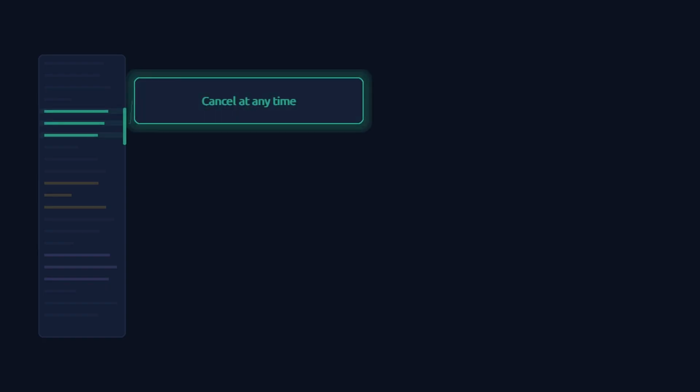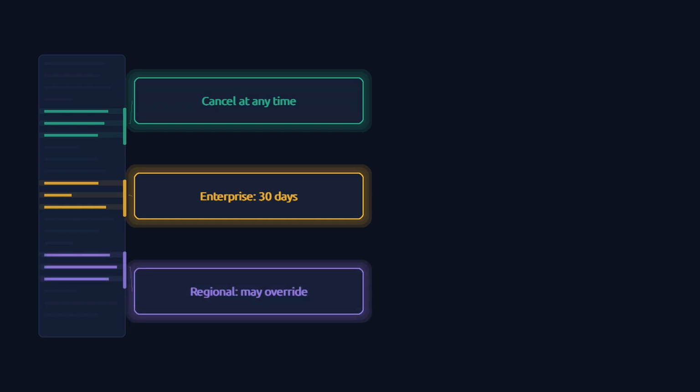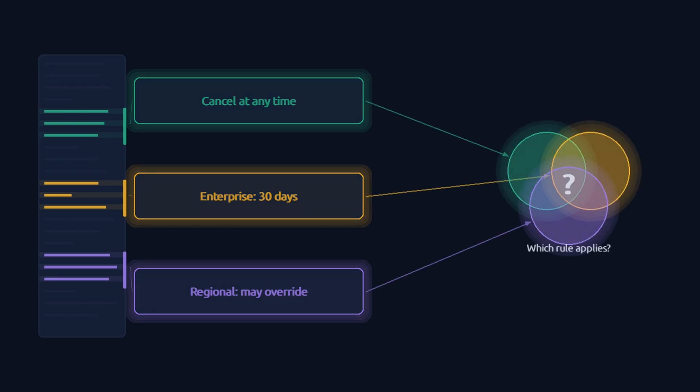For example, if one paragraph says customers can cancel at any time, and there's another paragraph that says enterprise customers require a 30-day notice, and maybe another one for regional contracts, which may override the standard policy. The correct answer depends on which rule applies. More context does not solve that automatically. It may make the conflict harder to resolve.